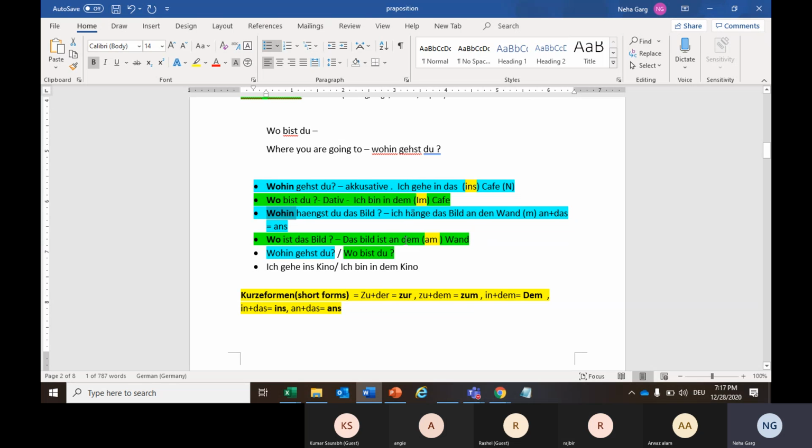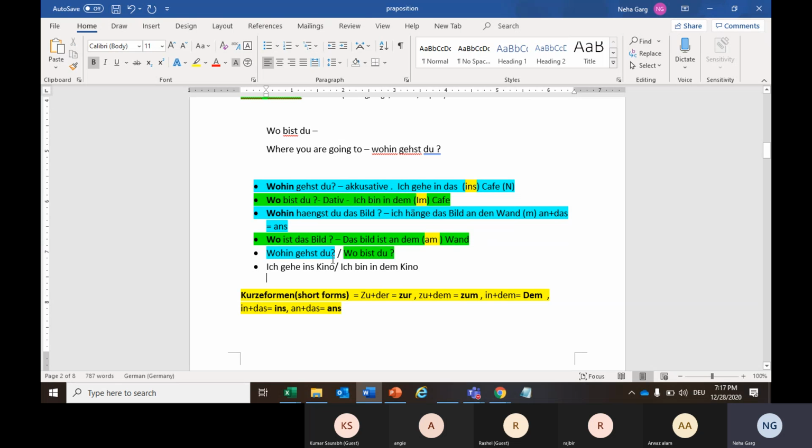So instead of an den Wand, I would be using an dem Wand because Wand is der Wand, masculine. So that will change to dem in this case. Here it changed to den because this is accusative, wohin. Here this is dative.